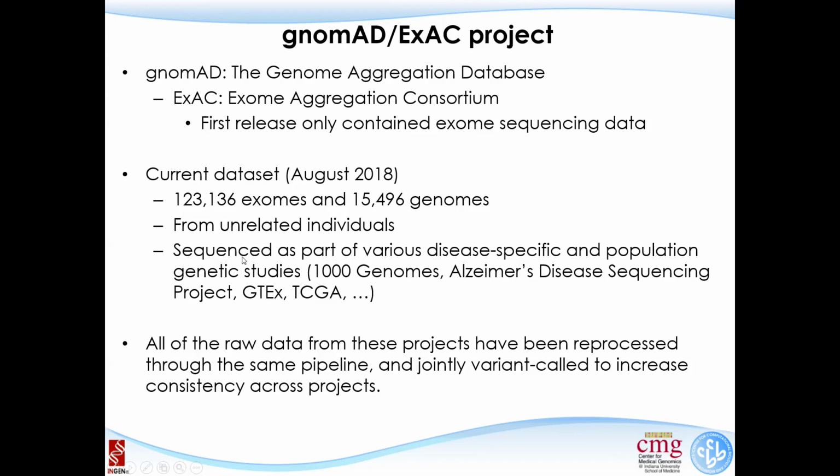The data comes from different consortiums, including 1,000 Genomes, ADSP, GTEx, and TCGA. Those are the few things that I know about, and actually, they have a long list of the consortiums that contribute their data into the Genome AD project.